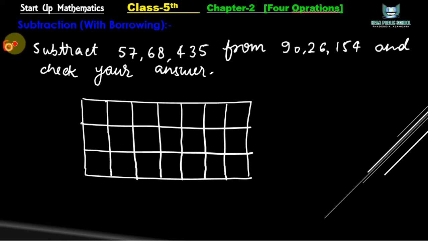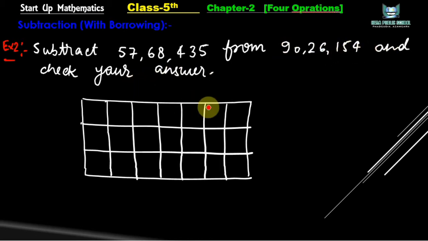Example 2: now we are going to solve a problem based on subtraction with borrowing, meaning subtraction using a borrow. Example number 2 is subtract 57,68,435 from 90,26,154 and check your answer.